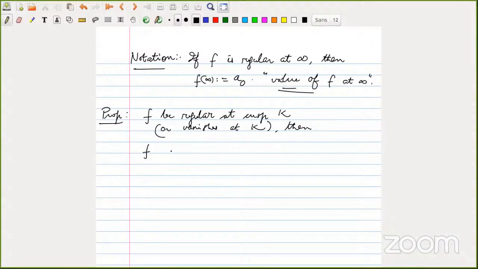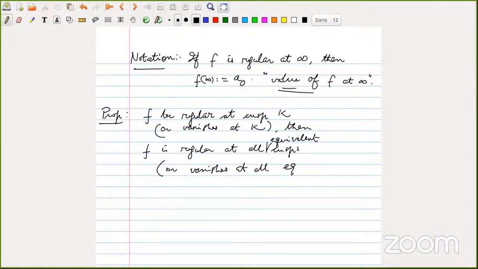Then f is regular at all equivalent cusps, or vanishes at all equivalent cusps.